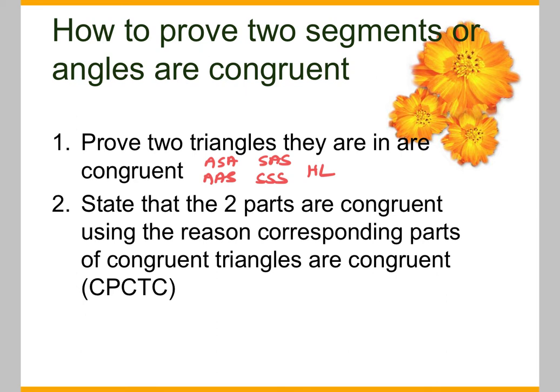So CPCTC says, now if I've proven any two triangles are congruent, I can then go to any other sides or angles that were not already marked as congruent are congruent. So CPCTC tends to be a lot of times the last step of a proof because our goal is to prove them congruent using one of the 5 acronyms and then finish it off with CPCTC. It's not always the last one, but it is usually.